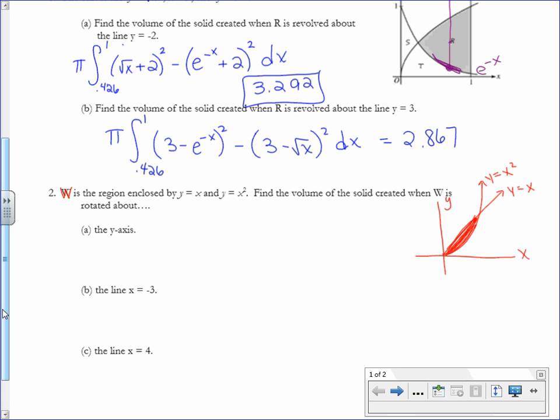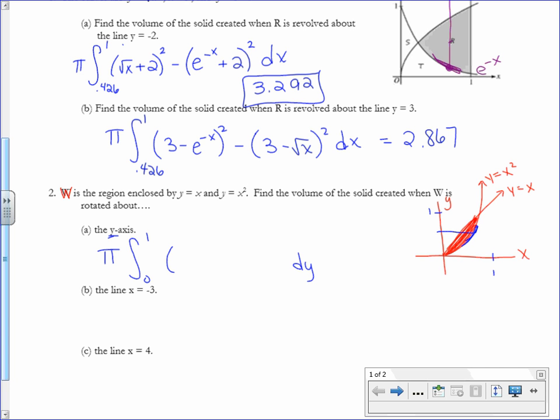So revolving around the y-axis, that's one that you should already know how to do. These intersect at 1 on the x-axis and 1 on the y-axis. So if I revolve it around the y-axis, I'm going to have pi from 0 to 1. Y-axis means I want to be in terms of y, so dy. My outer radius from the y-axis is going to go from the y-axis to the parabola.